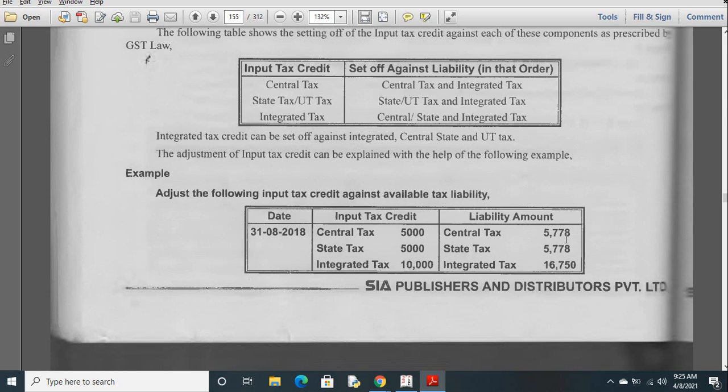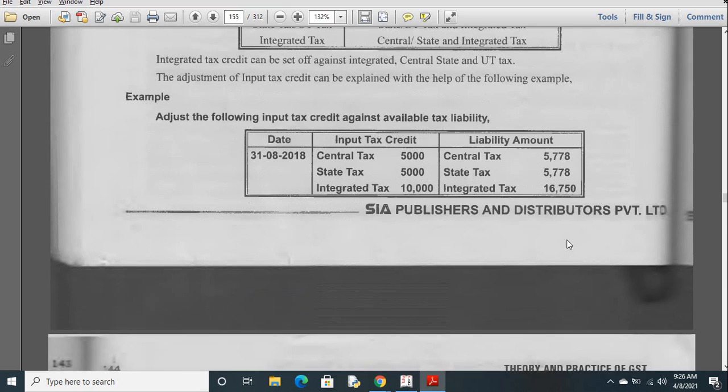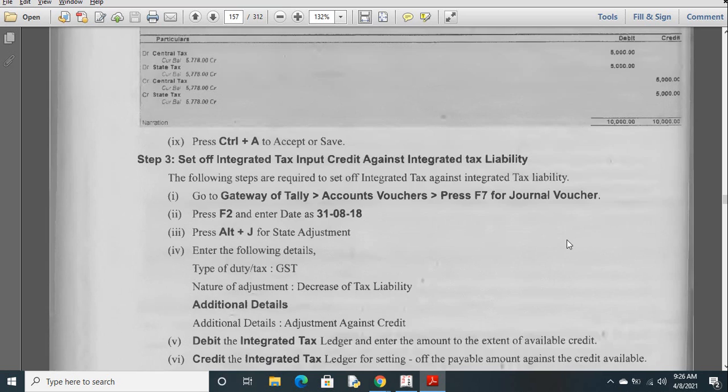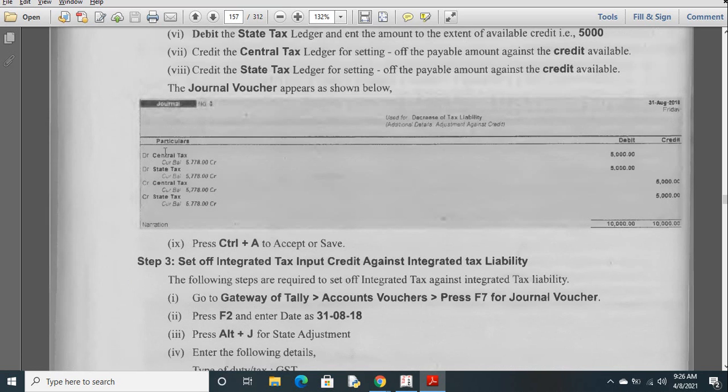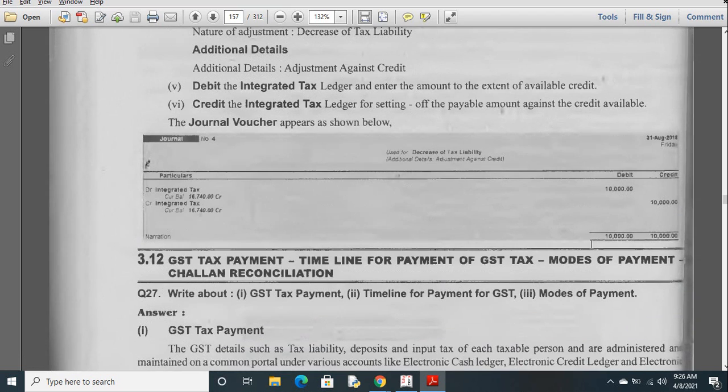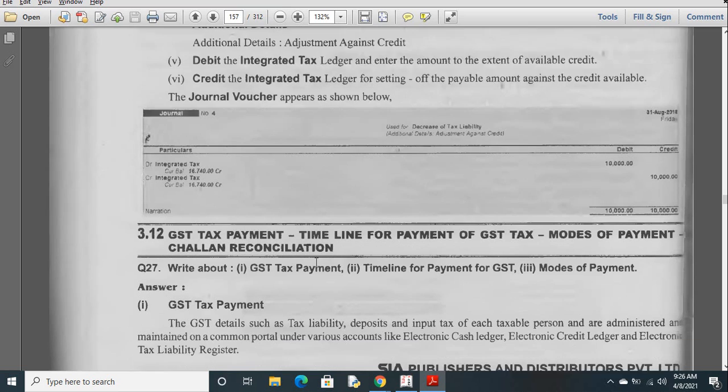So the amount you have to decrease up to 5,000. 5,778 ni 5,000 కి మనం decrease చేయాలి. So for that you have to enter all the transactions in journal voucher like this. Central tax to state tax you have to set it for 5,000. In the same way, integrated tax to be set to 10,000.